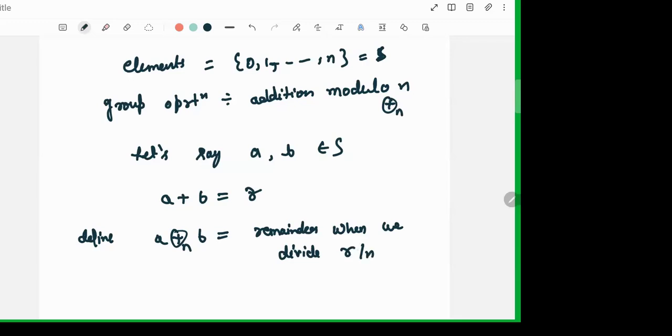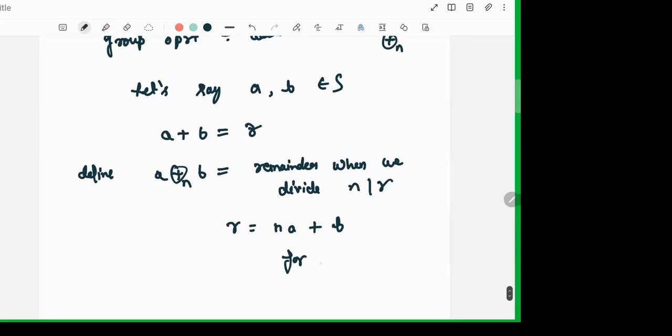This means r equals nq plus s, for q, s belonging to the positive integers union 0.